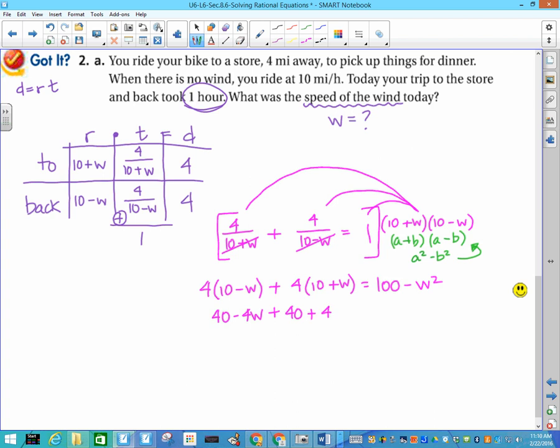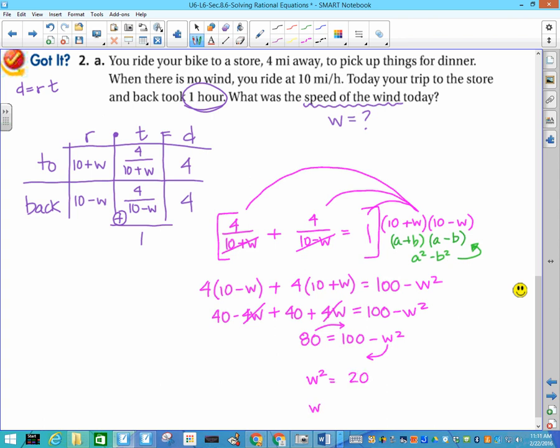and that's equal to 100 minus W squared. I got a minus 4W and a positive 4W on the same side of the equation, so that knocks out, leaving me with 80 equals 100 minus W squared. And if I take the W squared over there and the 80 over there, I'm going to get that W squared is equal to 20.